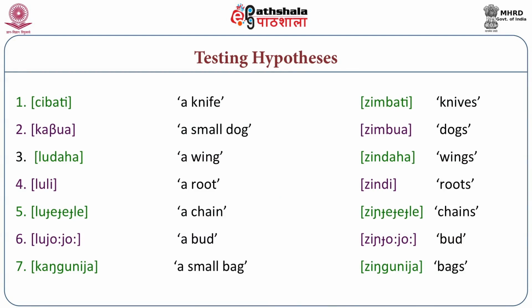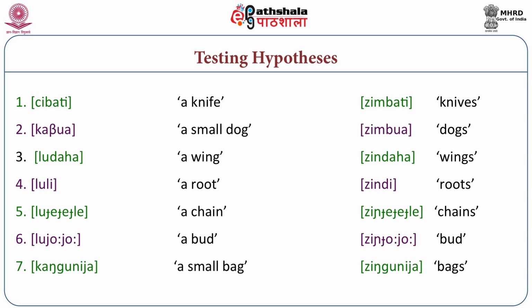We are not concerned right now with the choice of the nasal consonant before the stem in the plural forms, that is whether it is ma or na, or nya, etc. That is predictable. But for now we will concentrate only on the stem forms. So the stem in 2, 4 and 6 varies.